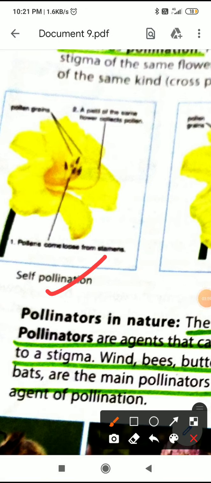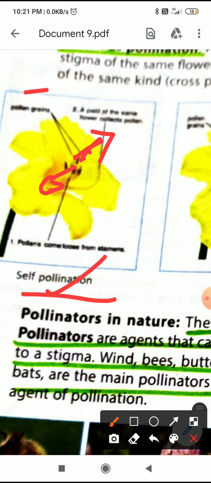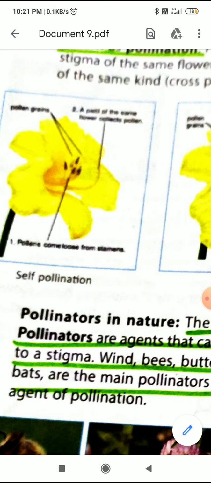What is the meaning of self? Own. So transfer of pollen grains from anther to stigma of the same flower. It means this same flower is receiving its own pistil and pollen. So this is known as self pollination.